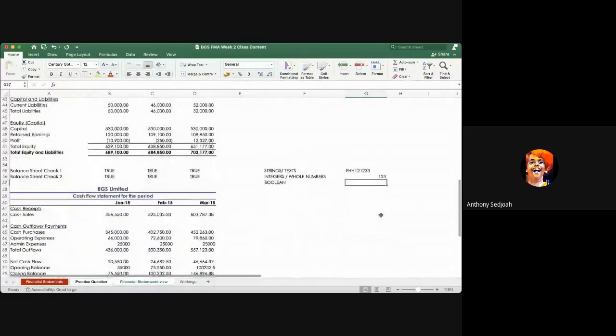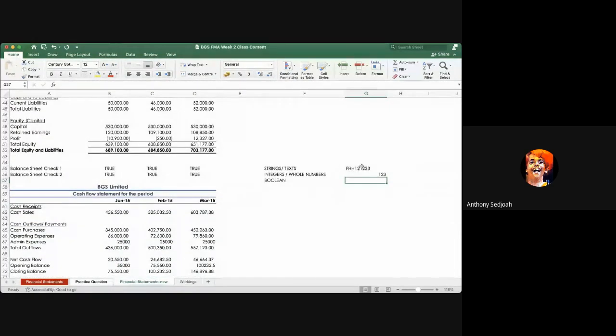You get it? And Excel has a way of aligning this type of data. You see that the text or the string is aligned to the left. Numbers are aligned to the right. And Boolean is just true or false. You get it?